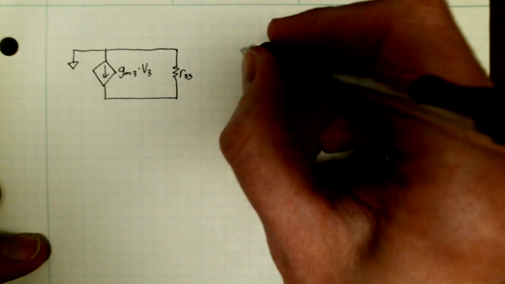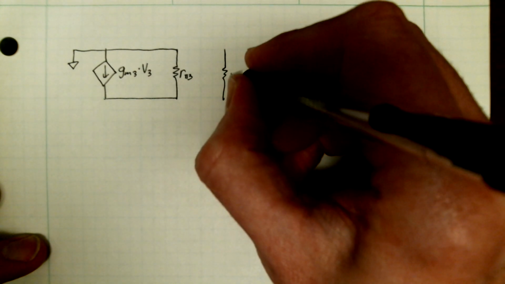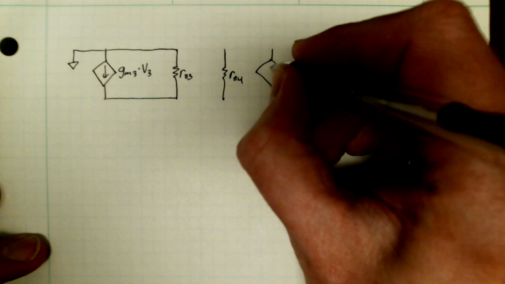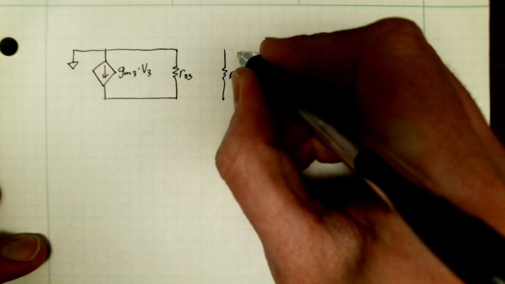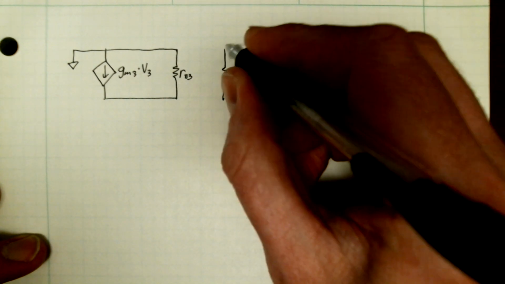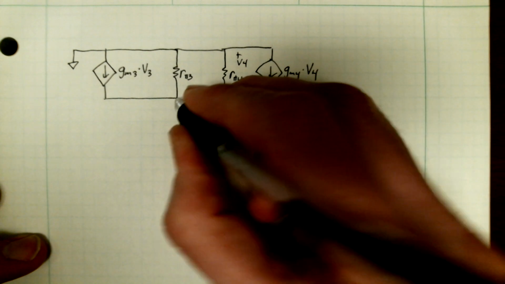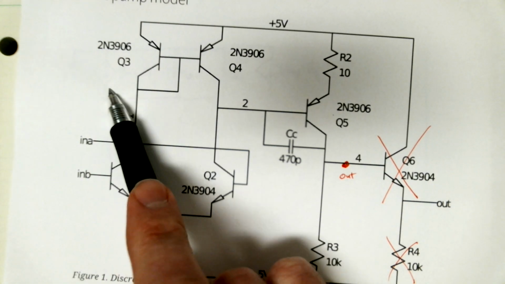We also have a RPi4 GM. V4 is right there, like that. Alright, back over to the left side. These together.